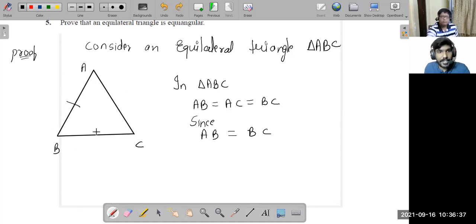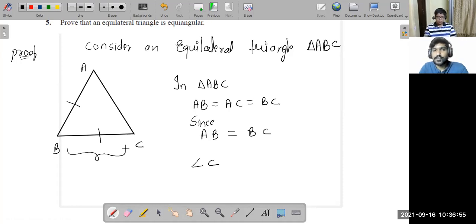First, I'm taking AB equal to BC. Angle opposite to side AB is angle C, which is equal to the angle opposite to side BC, angle A. So these two angles will be equal to each other.